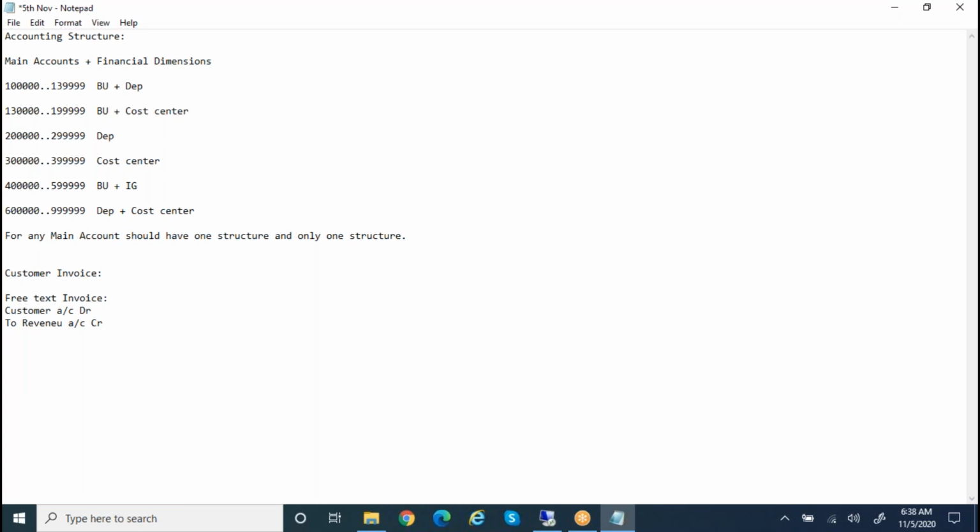Now I am introducing another. Customer invoices can be executed in two different forms. One is the free text invoice. The next one is the sales order invoice.